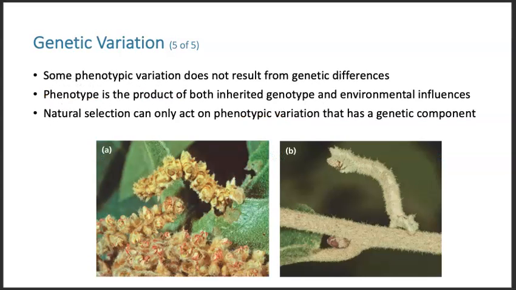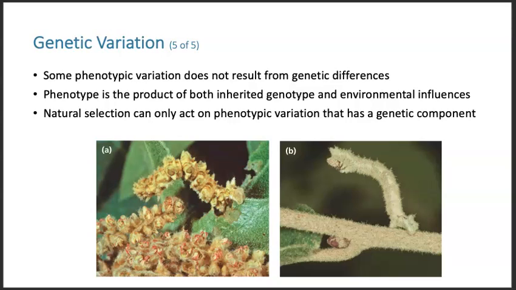It's also possible that a phenotypic variation is not due to a genetic difference. You could think about it in humans. In the wintertime, maybe your skin is a little bit lighter in color. In the summertime, if you spend time outside, your skin might be a little darker in color. That variation is due to the environment only, so that's not going to be passed on.